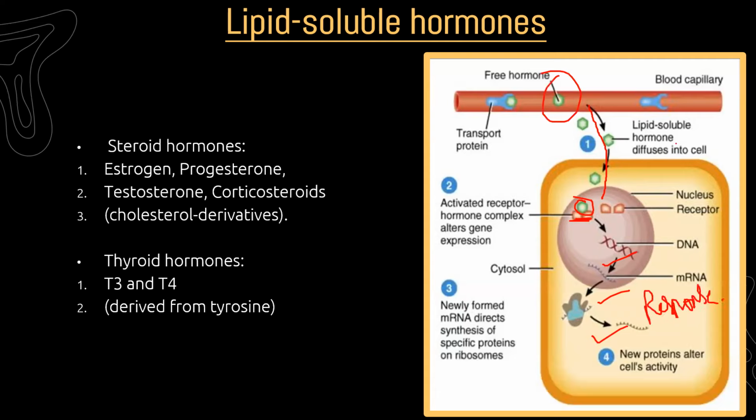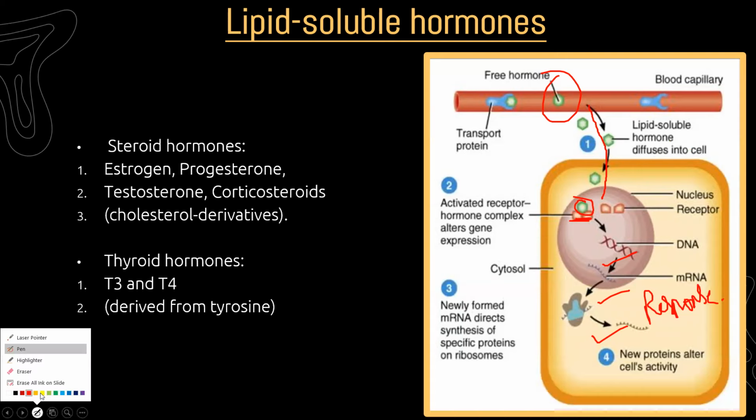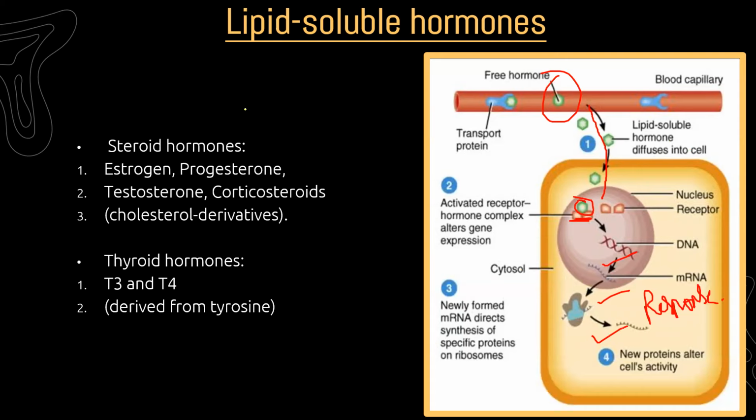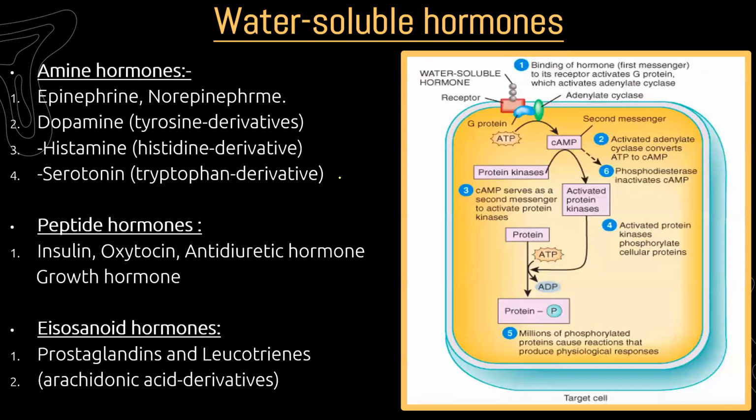So what's the final conclusion? The final conclusion is that lipid-soluble hormones are going to use what we can call the intracellular receptor, whereas water-soluble hormones are going to use the cell surface receptor.